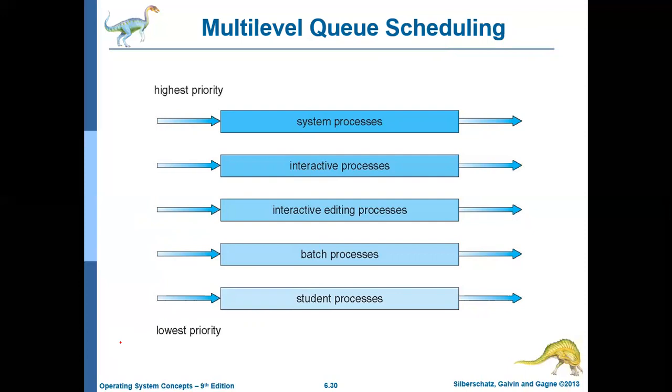And then we discussed an example where the ready queue is split into 5 queues, and how it works. The advantage of this particular model is it has very low scheduling overhead.